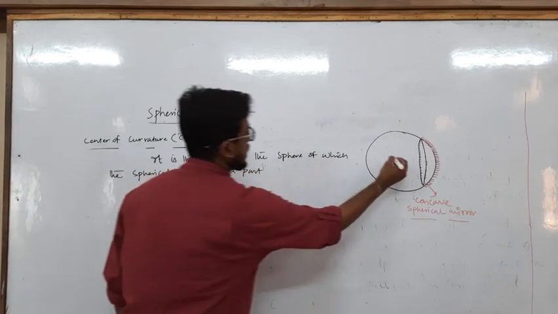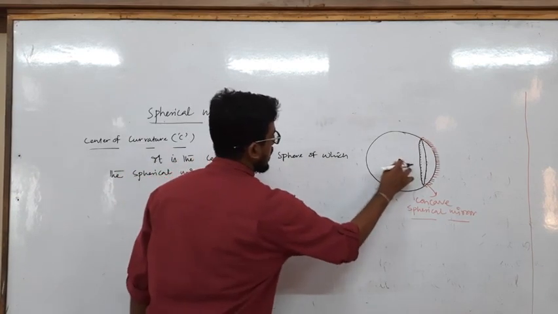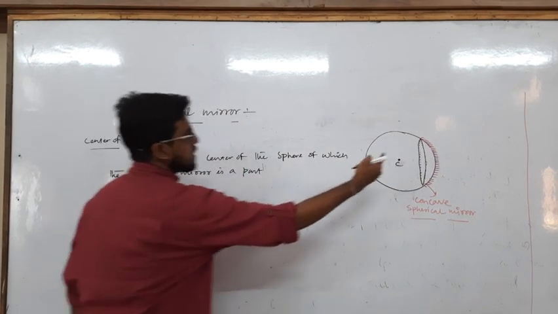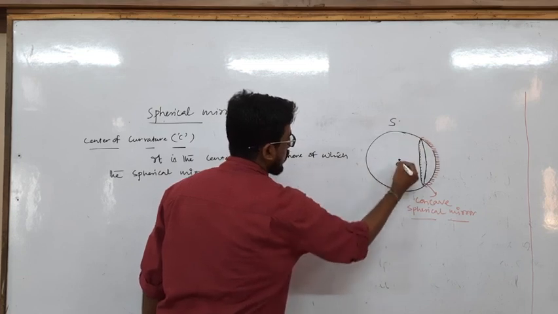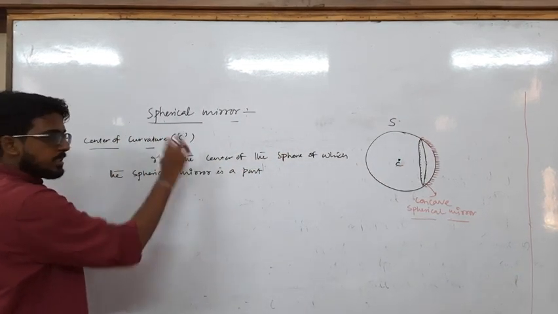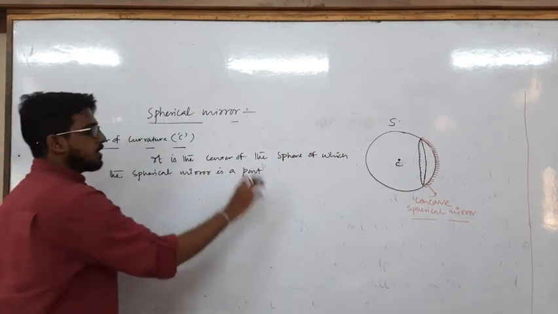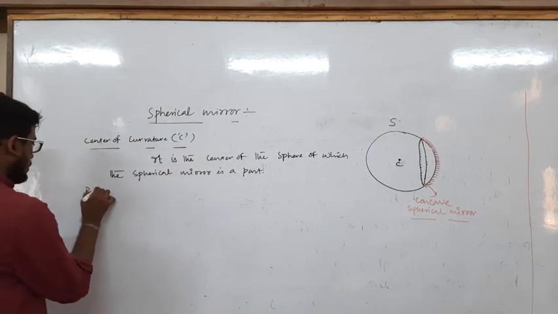At this point, let us denote it with C. This is the spherical mirror and it is a part of this sphere. So the center of curvature, denoted by C, is the center of the sphere of which the spherical mirror is a part. Clear?